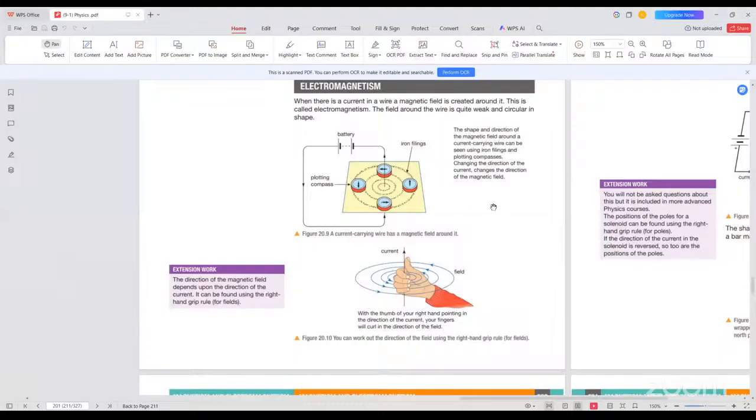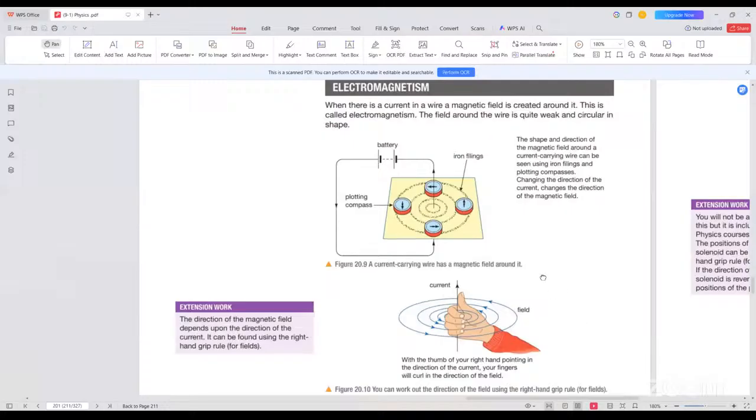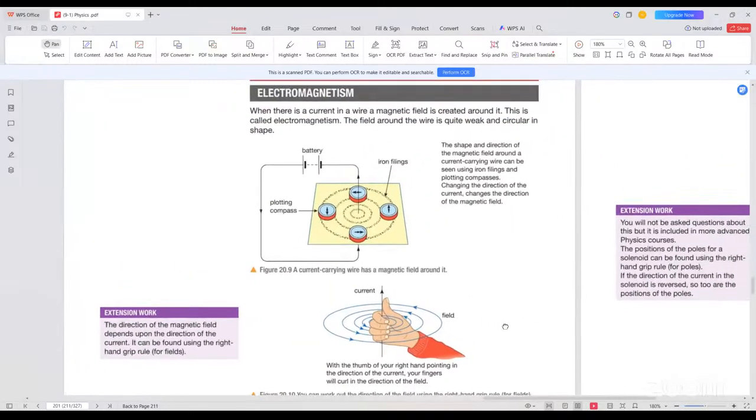Right. So here, electromagnetism. Electromagnetism is the phenomenon where a magnetic field is generated because of flowing electricity.